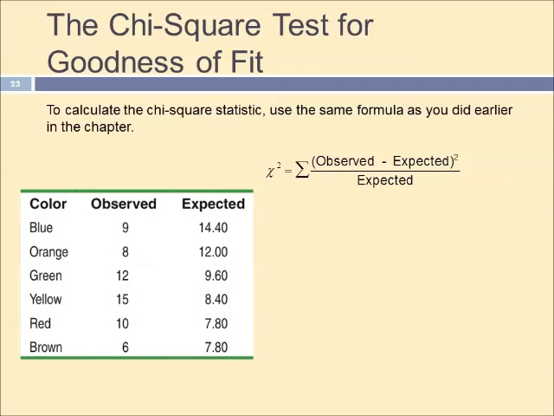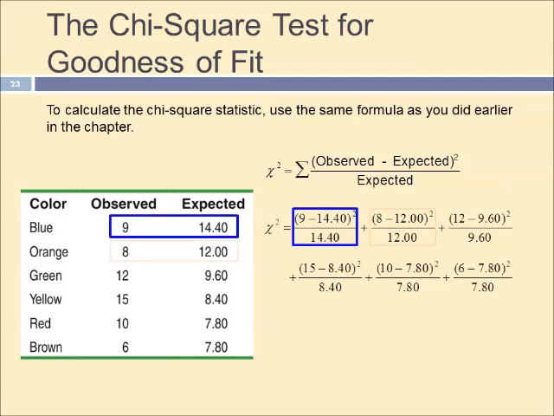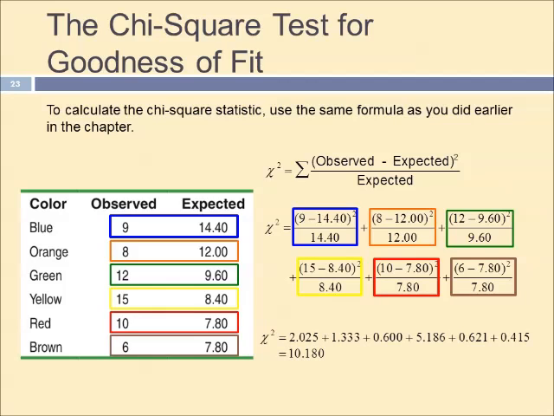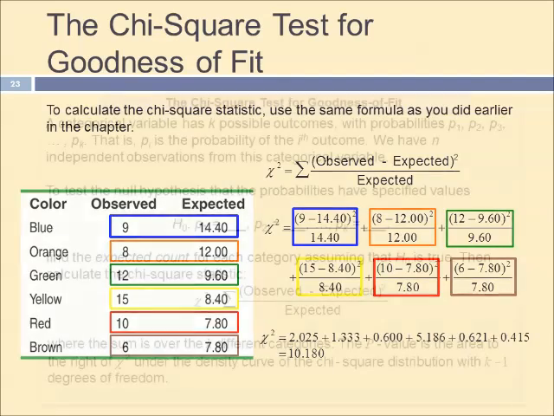So to calculate the chi-square statistic, we use the same formula we did earlier. Chi-squared equals the sum of the observed minus expected squared divided by the expected frequencies. And we have all of these terms, and then add them up. So in this case, the chi-square statistic is 10.18.